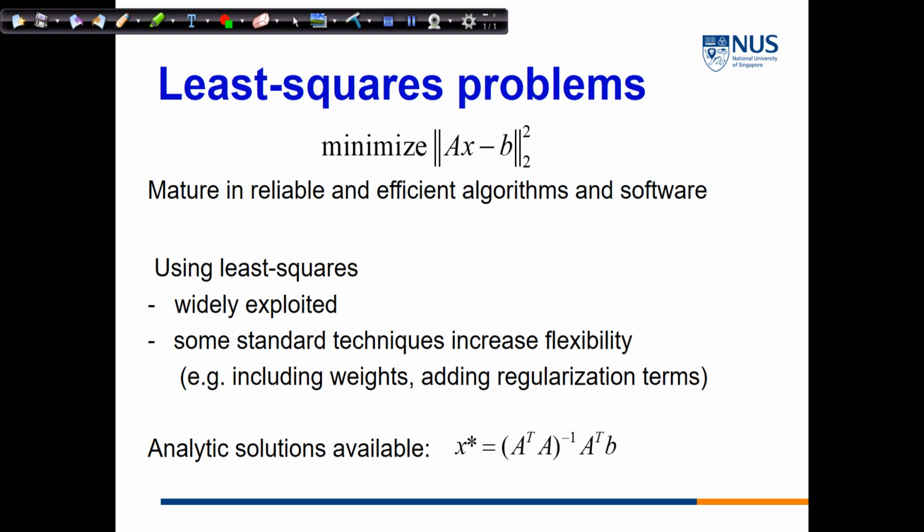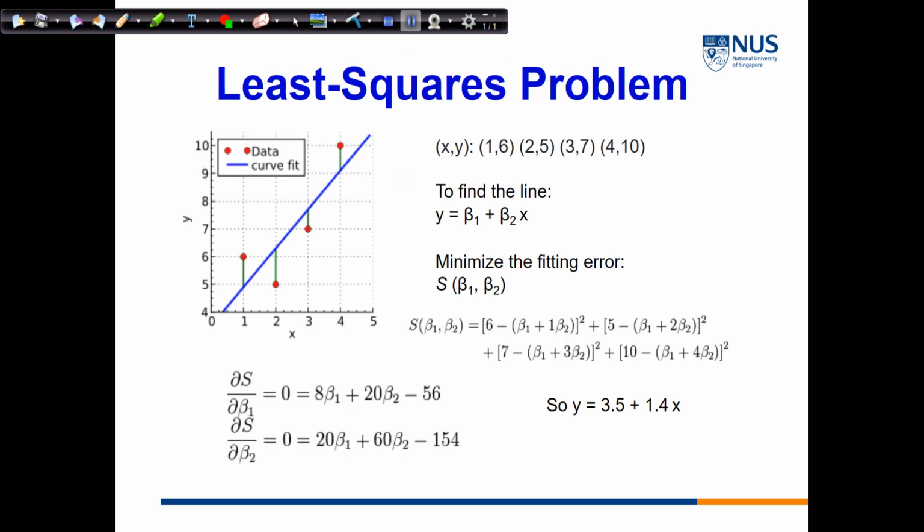So what does least squares mean? Look at a simple example. Here we have 4 data points collected, very simple, just 4 points, and you can easily write it down. It's 2-dimensional, only x and y values. You have your 4 points, (1, 6), (2, 5), (3, 7), (4, 10), labeled here, and you want to get a straight line to fit this data.